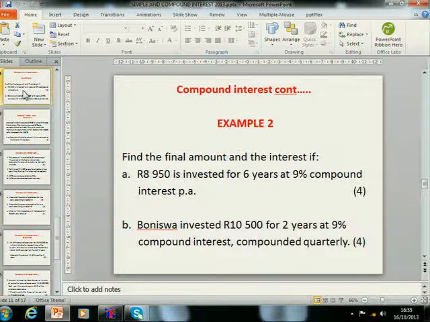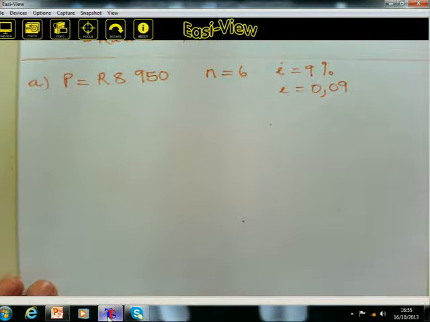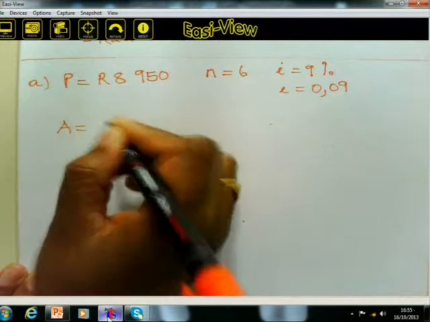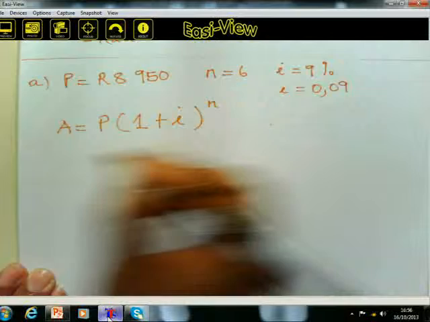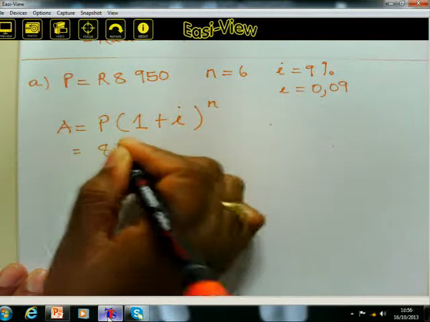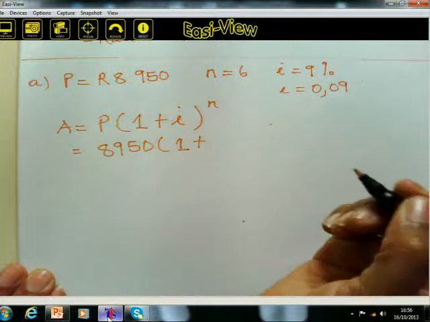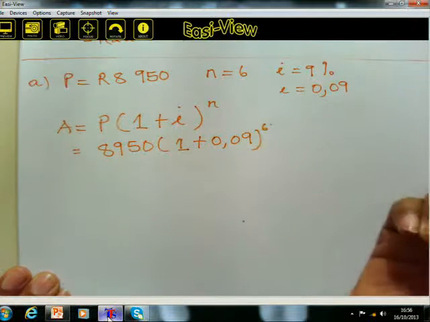So the only thing that we'll be doing there is changing our percentage to 0.09. So again, remember A is equal to principal amount, 1 plus i to the power of n. We have 8,950 bracket 1 plus, what is our interest? 0.09 bracket to the power of 6.